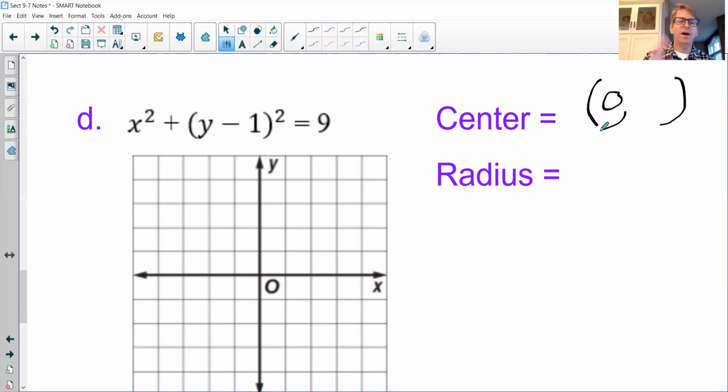So the x minus 0 is x squared. So this gets you the 0. Now, in this case, you have y minus 1, so the k is 1. Then the radius is 3, since 3 squared is 9.